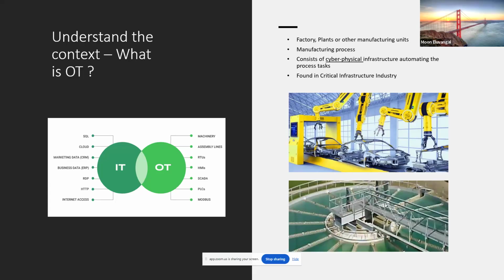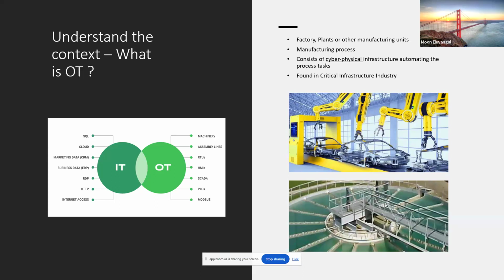The step into the OT and IoT space is also commendable. I am not completely aware of the audience, so I would like to give you a very quick brief about what OT means and how it differs from conventional IT.